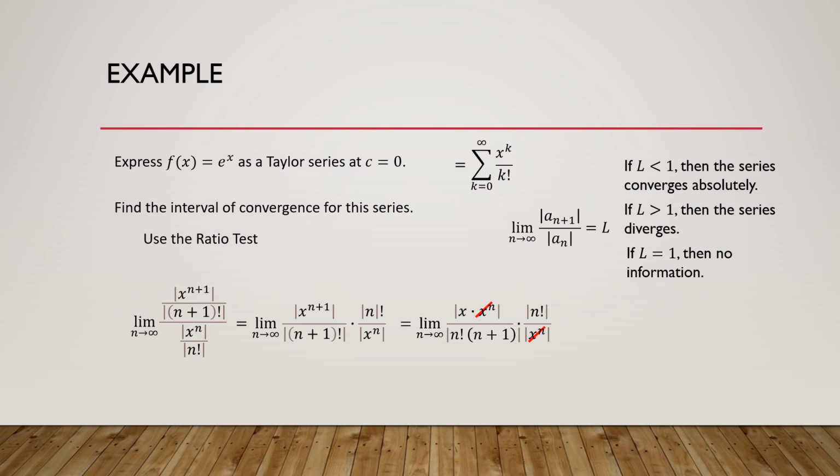Next, the x to the n and the n factorials cancel, leaving us with the limit as n goes to infinity of the absolute value of x over the absolute value of n plus 1, which is 0 for all x's. This means the series converges for all x's, and the interval of convergence is from negative infinity to infinity.